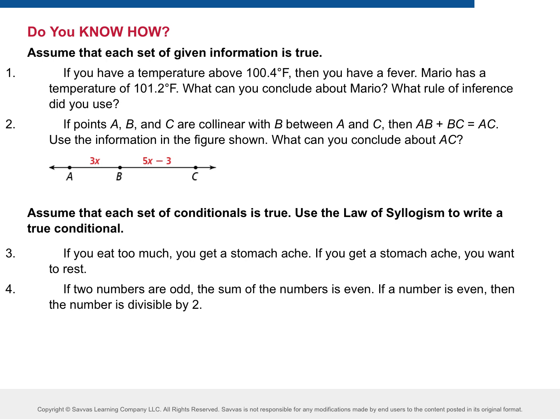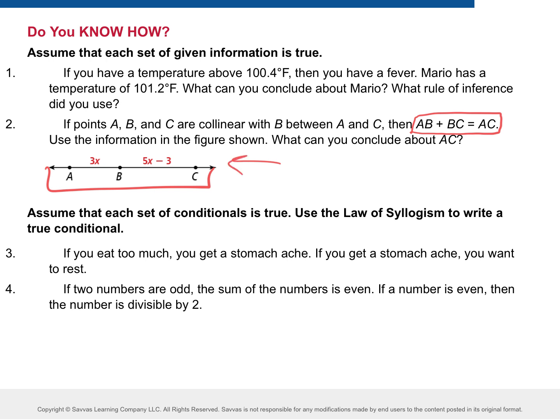Okay. Number 2, if points A, B, and C are collinear with B being between A and C, then AB plus BC equals AC. What can you conclude about AC from this picture right here? Hint, if you don't know, look at the then. How can I use the then?